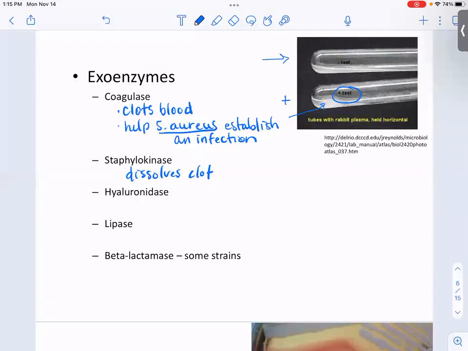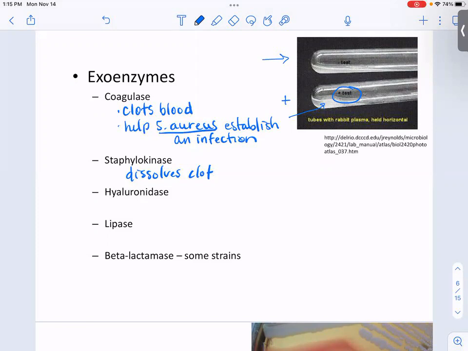There is one other staph besides Staph aureus that makes coagulase, but it's not very common. So usually we use this to help us identify Staph aureus. Okay, so again, makes sense. The staph that causes all the infection is the one that's able to establish itself more easily in the host.